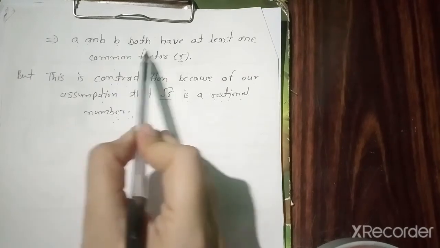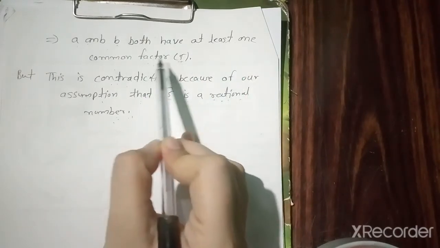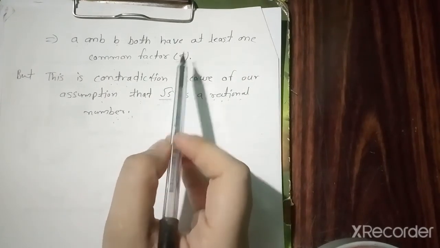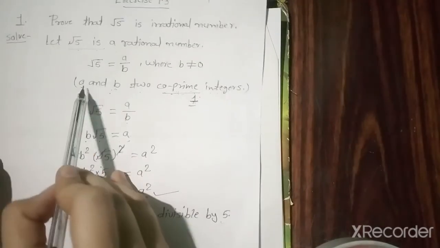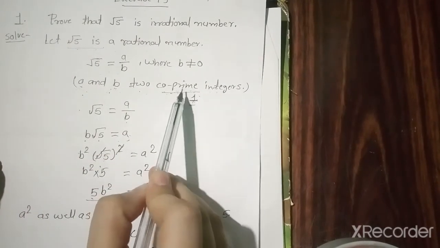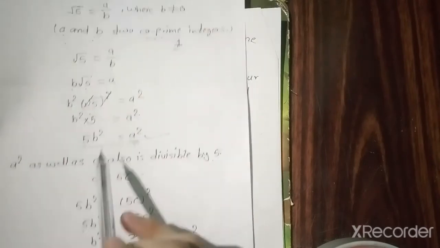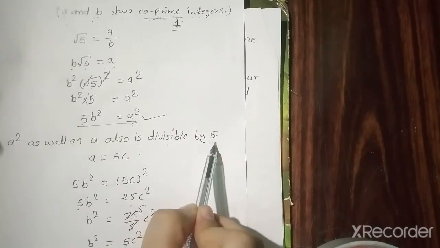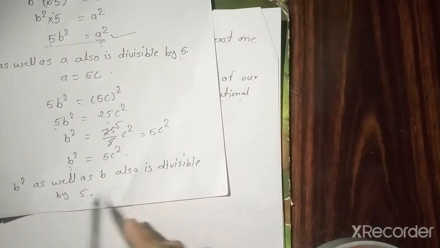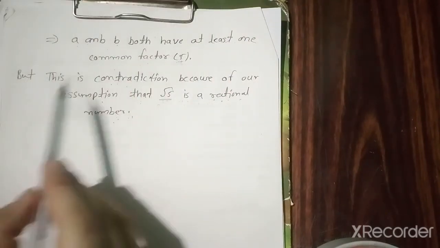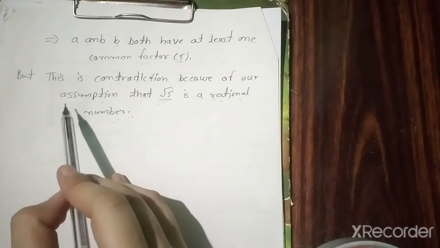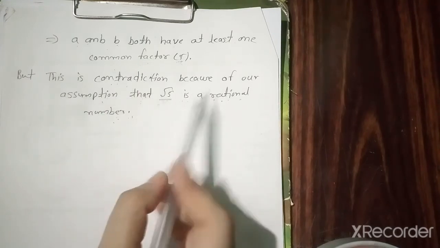So here a and b both have at least one common factor, which is 5. But we supposed that a and b are co-prime numbers, which are only divisible by 1. But here a is divisible by 5 and b is also divisible by 5. So a contradiction arises because of our assumption that root 5 is a rational number.